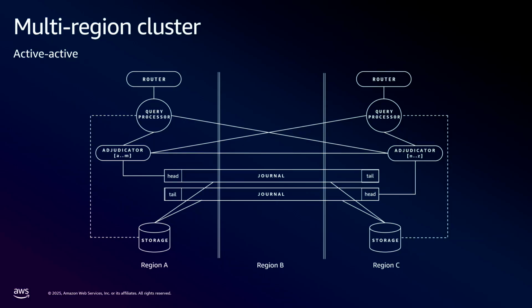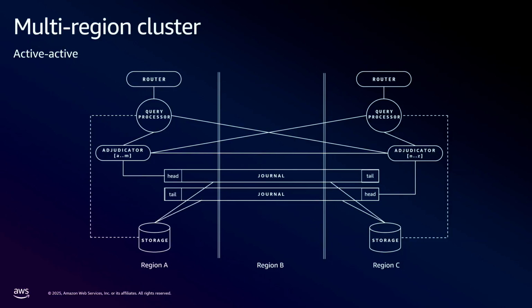Region A and region C provide you with regional endpoints, which you can use with your OLTP applications. However, region B is a journal-only witness region. It is there to ensure that a quorum is maintained in the event of a failure of a region or a network partition.